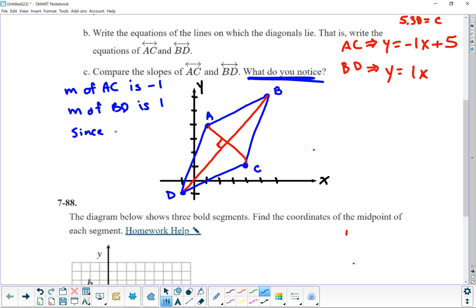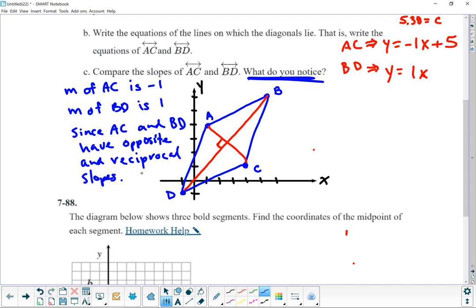Since AC and BD have opposite and reciprocal slopes, the lines are perpendicular. Okay, that one was tough.